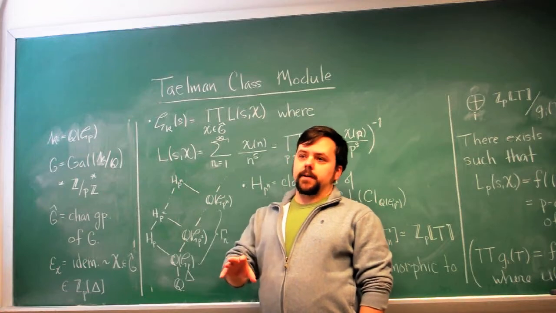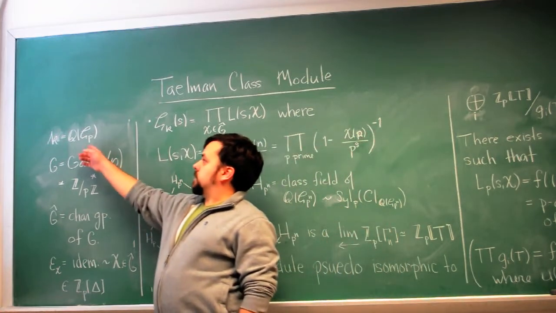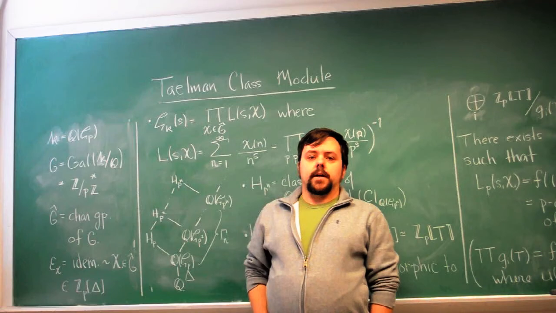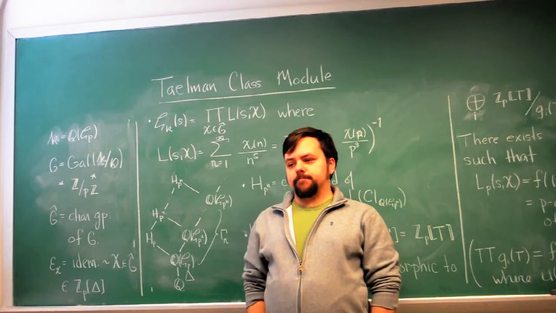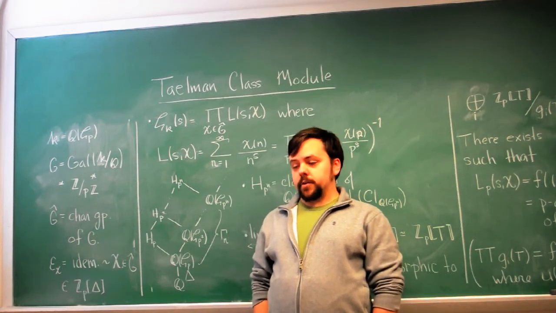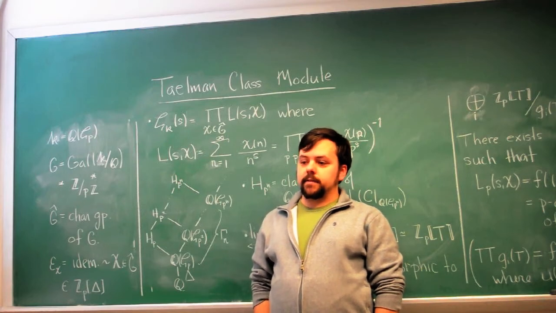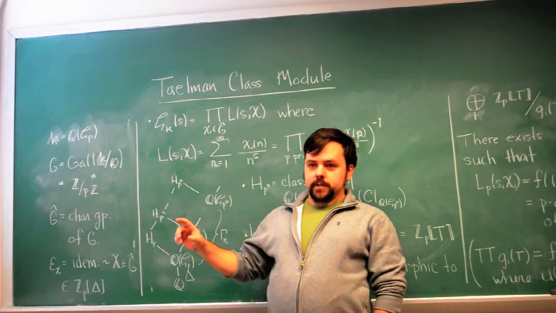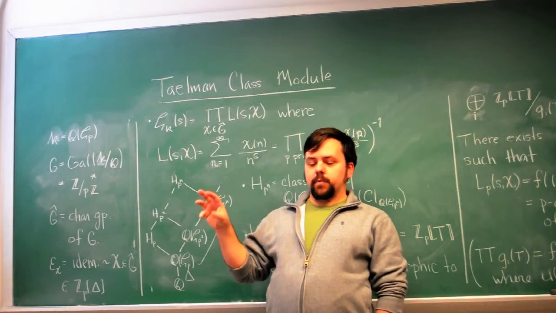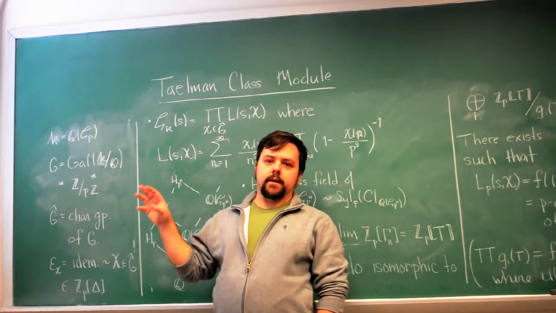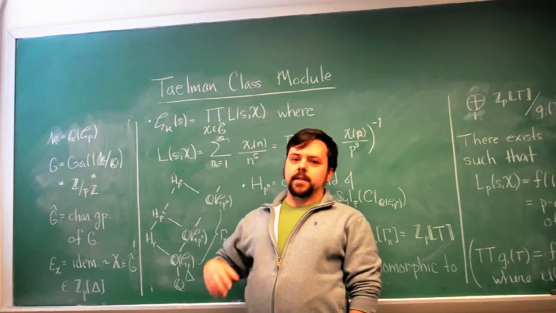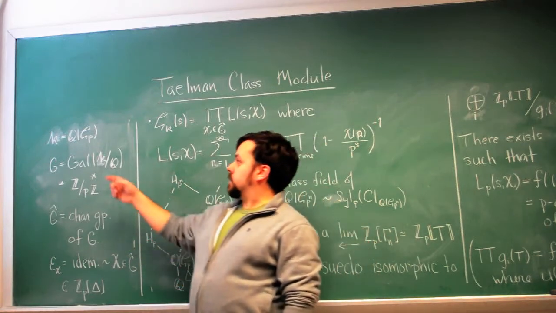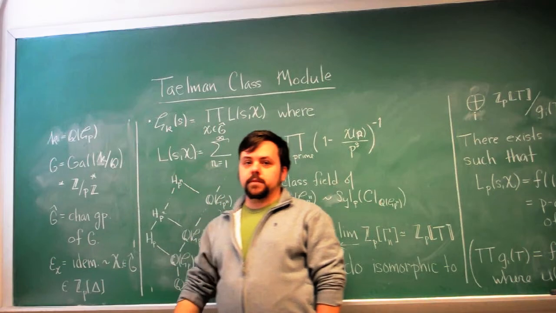For example, in the particular case when K is equal to Q adjoin zeta P, you can look at the negative values of the Riemann zeta function. These wind up being rational, and if you look at their p-adic valuations, that tells you a lot about the p-divisibility of the class group of this field.